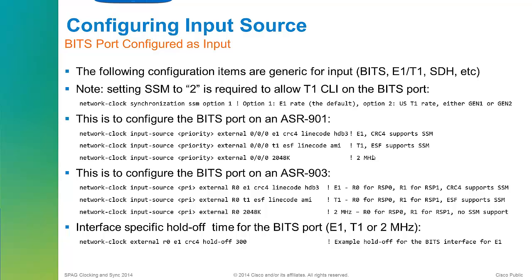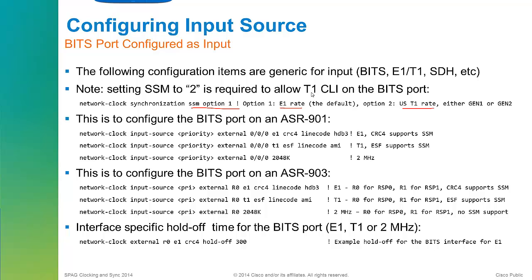So the first item here is generic really, as well as being able to set the generic option for SSM. Normally what we do here, we set this network clock synchronization SSM option, as I said, and that says whether you're using an E1 or a T1 rate.